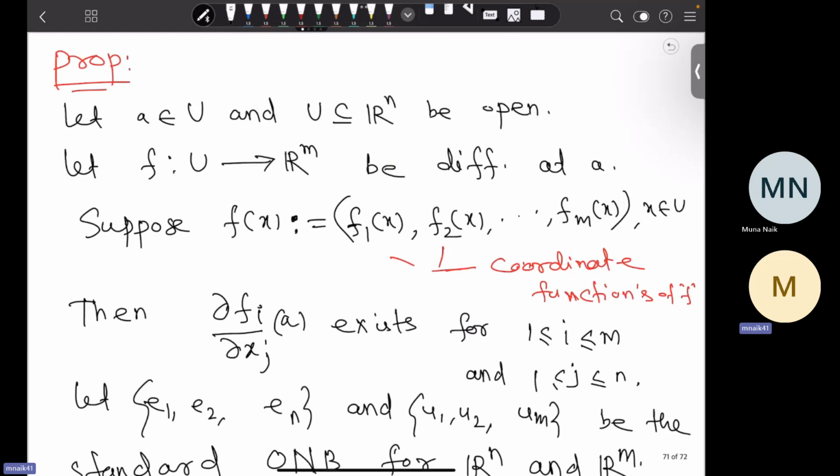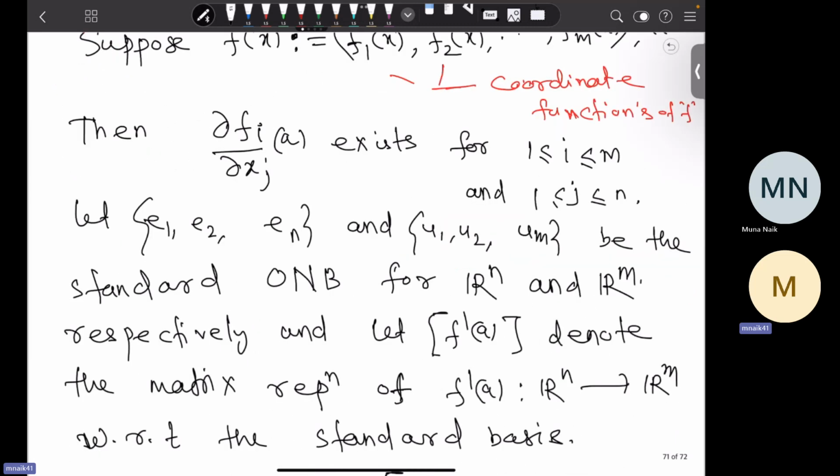So let a belong to U, where U, a subset of Rn, is open. Let f be a function from U to Rm that is differentiable at a. Suppose f(x) is equal to (f1(x), f2(x), ..., fm(x)). Then the partial derivatives of all the coordinate functions exist at a for 1 less than or equal to i less than or equal to m and 1 less than or equal to j less than or equal to n.